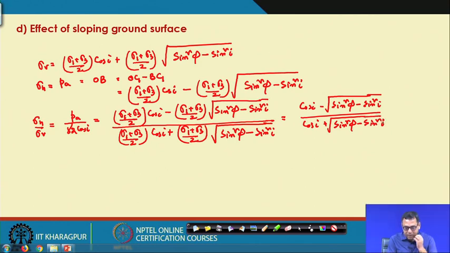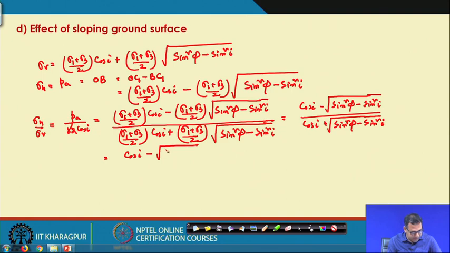Okay. Now, here all the terms are in cos, so we can represent them in terms of cos also. Now, if I convert this sin to cos, then I can write cos i minus root over 1 minus cos²φ minus 1 plus cos²i.